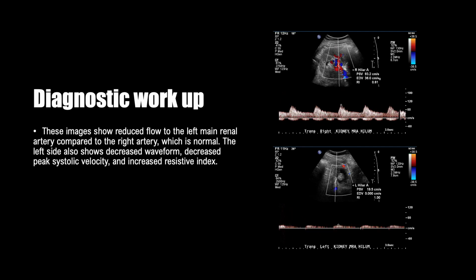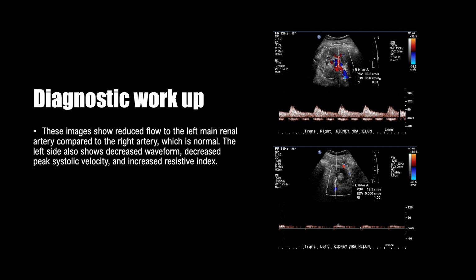Here is some diagnostic workup on this 24-year-old female. These images show reduced flow of the left renal artery compared to the right artery, which is normal. The left side also shows decreased waveforms, decreased peak systolic velocity, and increased resistive index.